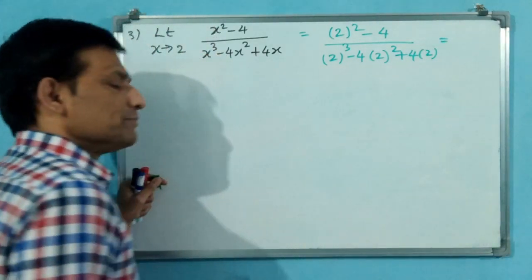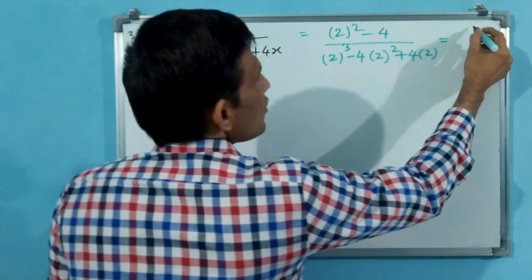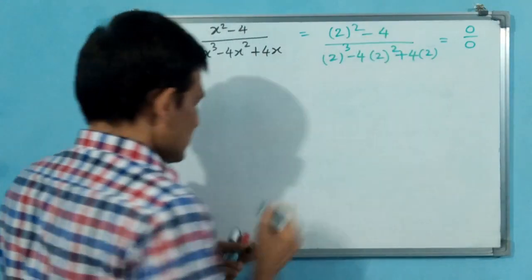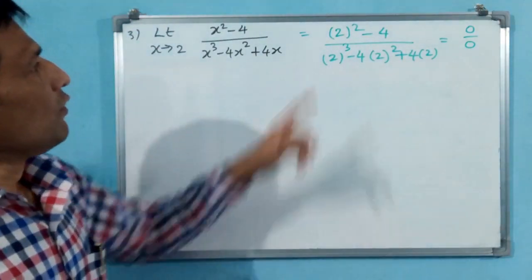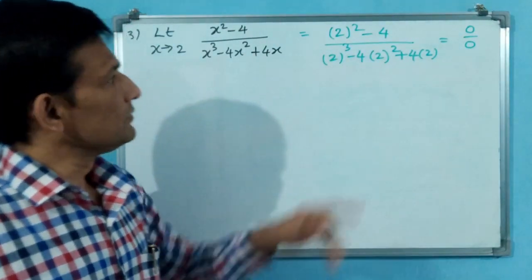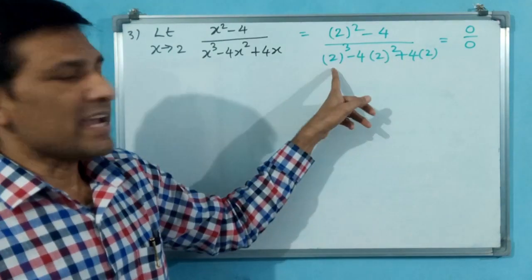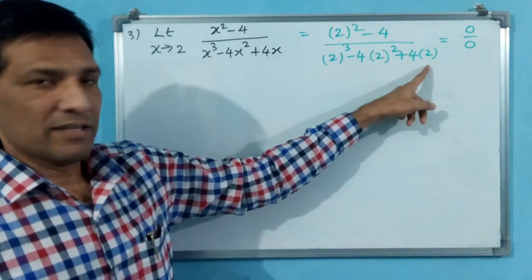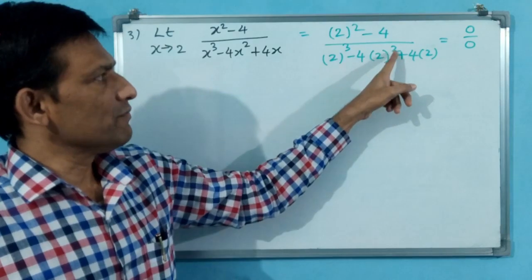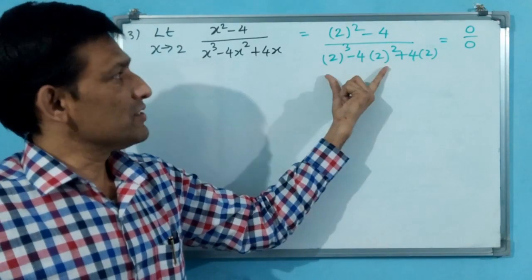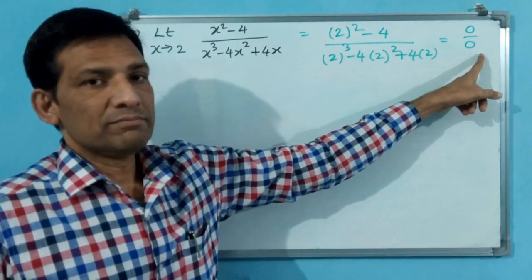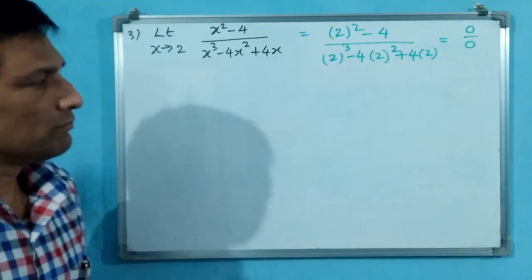That is equal to, directly I am writing, 0 by 0. Why? Because you know very well these are going to come 0 by 0 only. 4 minus 4, 0. 8 minus 16 plus 8, 16 minus 16, 0. This we know.